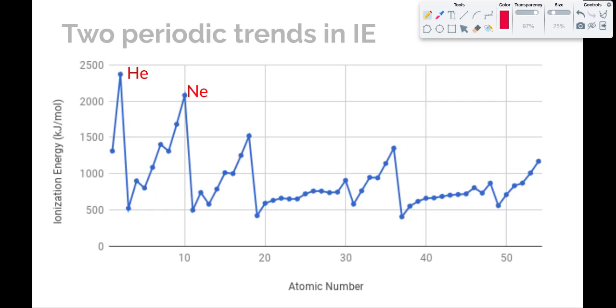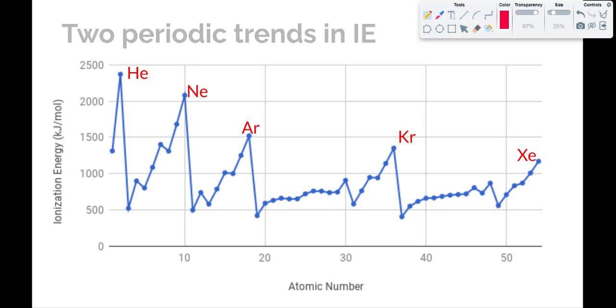And then we go through the 3rd period, through all of those elements, and we see argon, the next noble gas, being a high spike. And then krypton. Now that's a longer stretch because we have 3d electrons in there. And then finally we get xenon. So the high spikes in ionization energy occur at the noble gases.